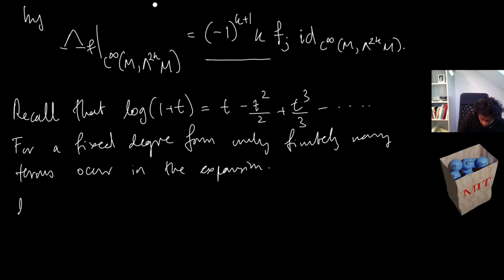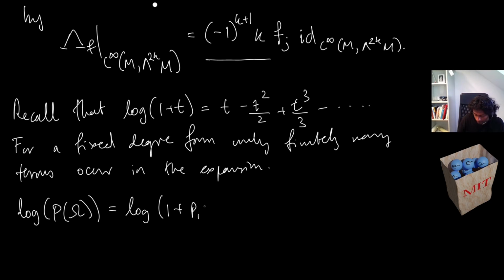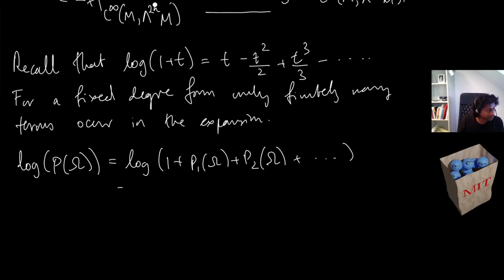So let's just look at what log of P omega looks like. So this is going to be log of 1 plus P1 omega plus P2 omega plus dot dot dot. And so what we have, this is a way of defining the logarithm.